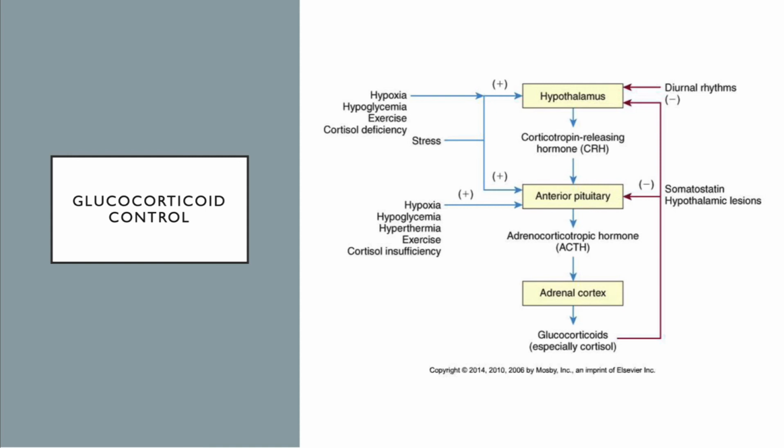That's the primary stress hormone, right? And then we have the negative feedback loop. When there's enough cortisol circulating, then the anterior pituitary stops making ACTH and the hypothalamus stops making CRH.